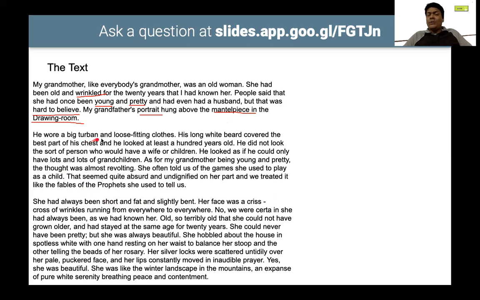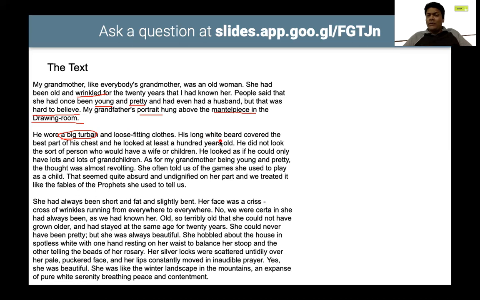He wore a big turban and loose fitting clothes. The author stated here how his grandfather looked. His grandfather wore a big turban, so obviously they belong to a Sikh family, and that's why they used to wear a turban, and loose fitting clothes, like pajamas.